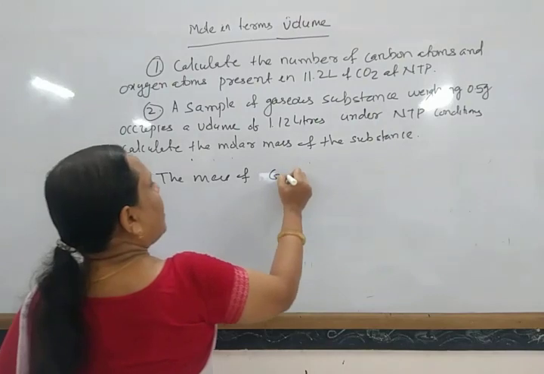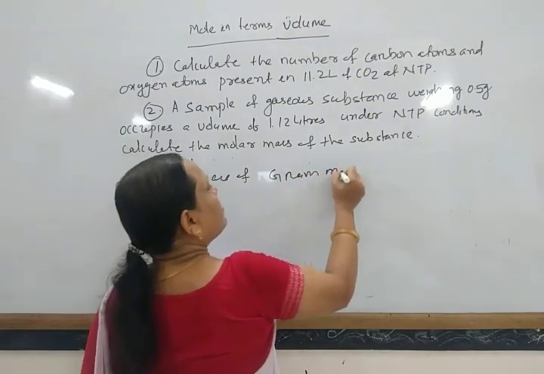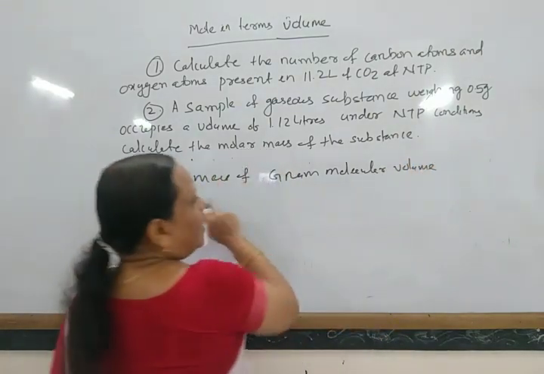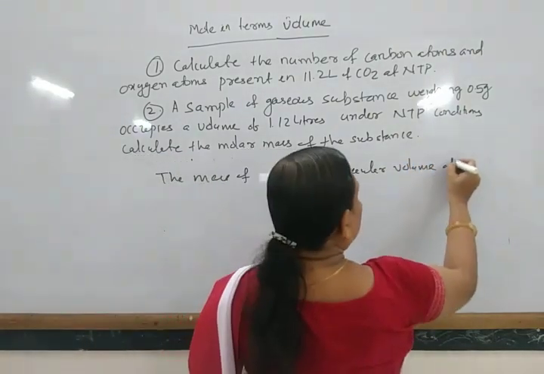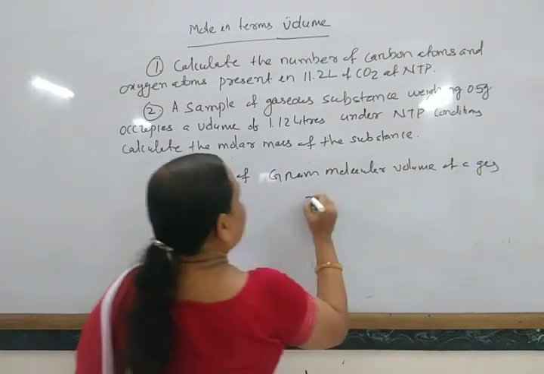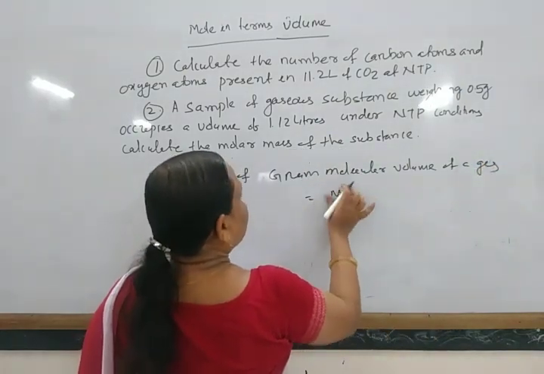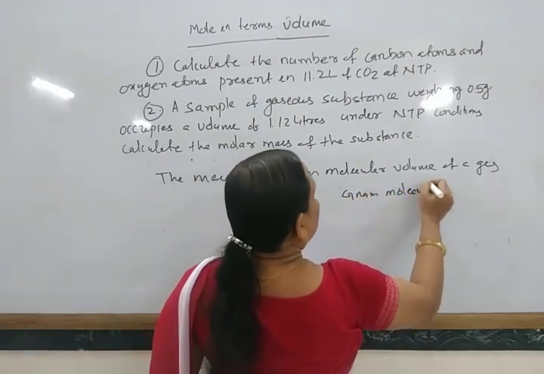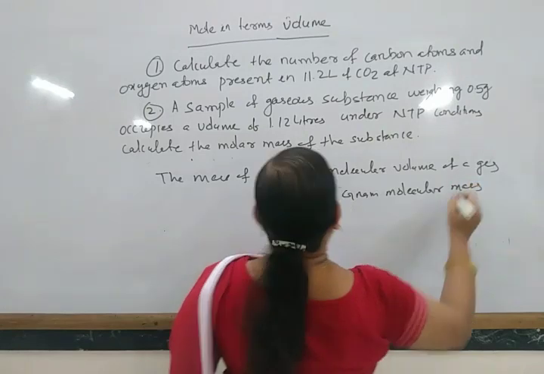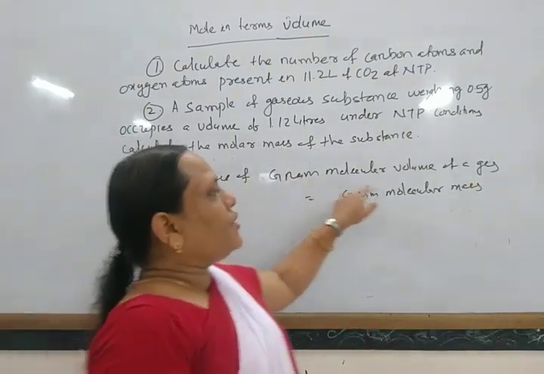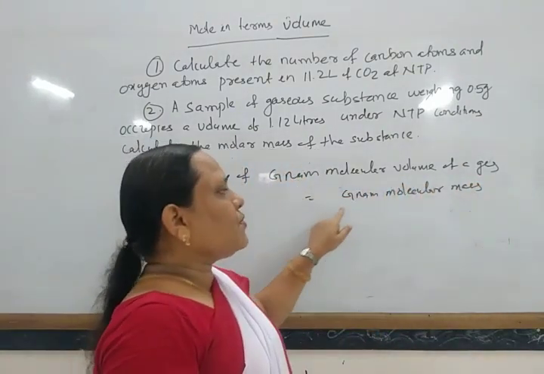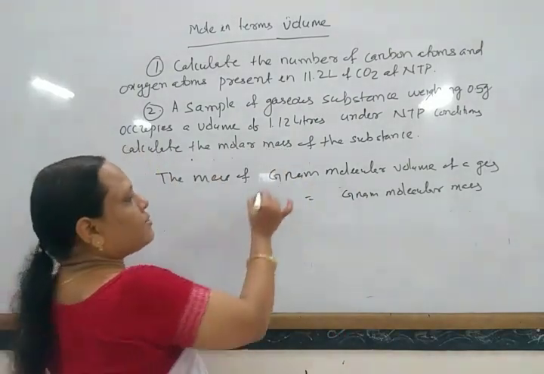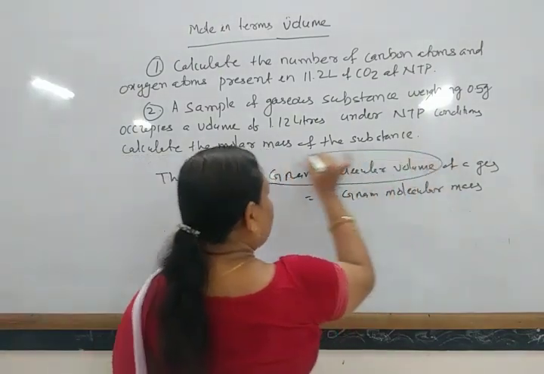The mass of gram molecular volume of a gas is known as its gram molecular mass. So we have to find out what is the mass of gram molecular volume.